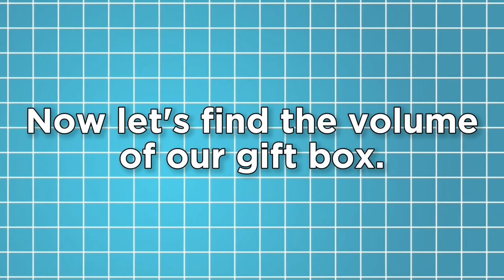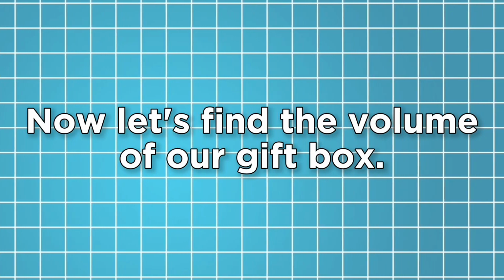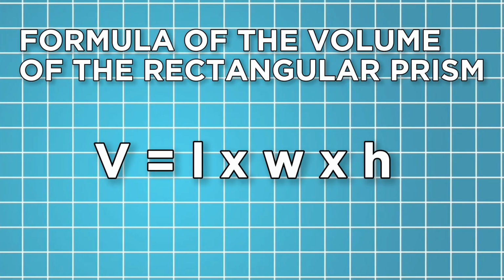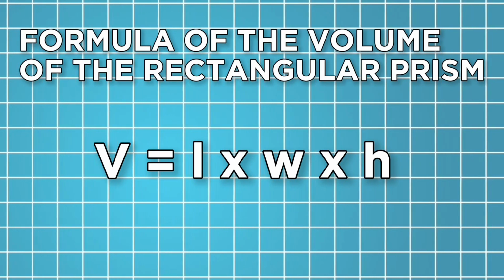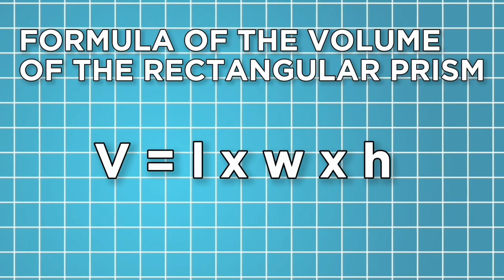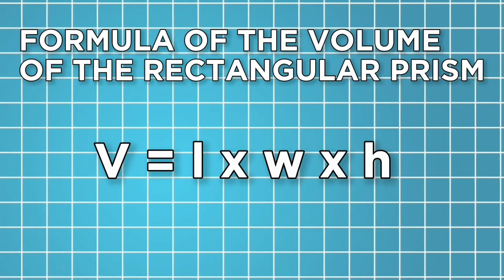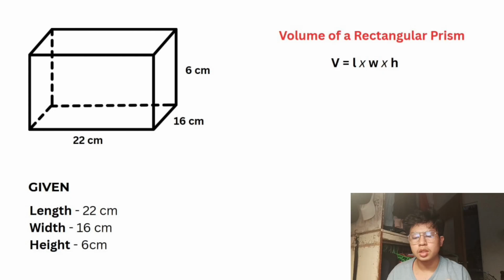Now let's find the volume of our gift box. This is the formula we will be using. Volume equals length multiplied by width multiplied by height. Once again, our given is 22 centimeters in length, 16 centimeters in width, and 6 centimeters in height.